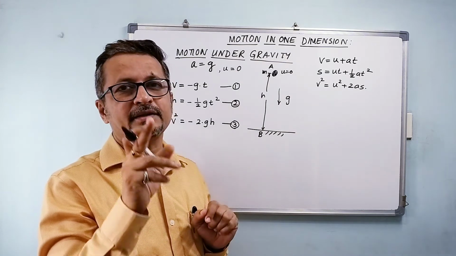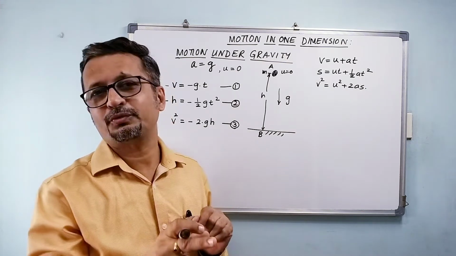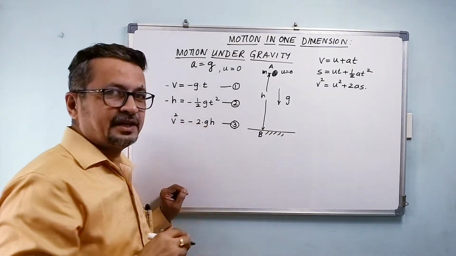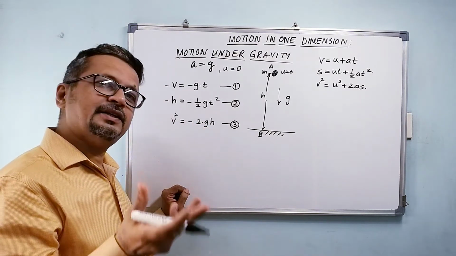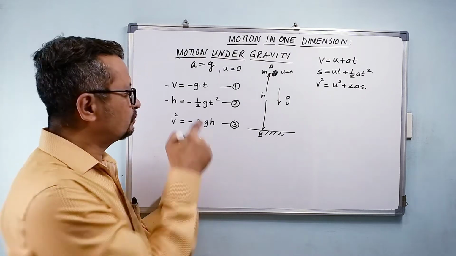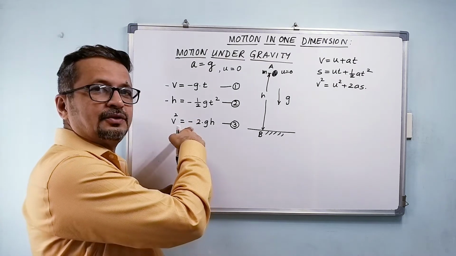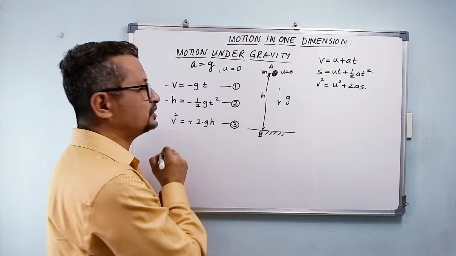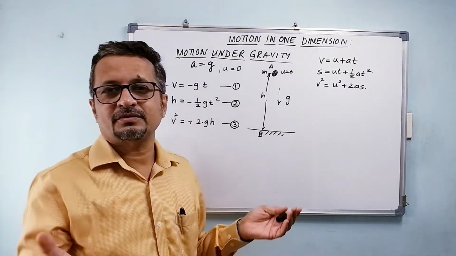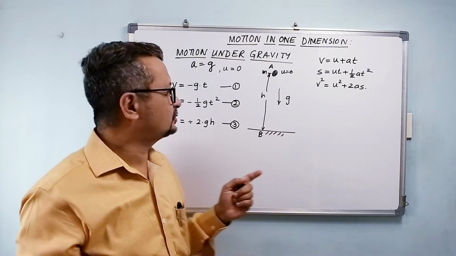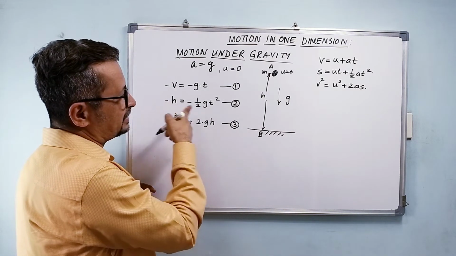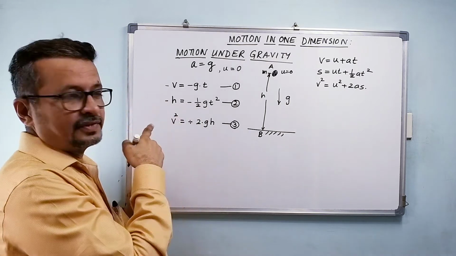It looks like there will be some problem, but there won't be, because my g is negative, but my h is also negative. So what happens to this negative sign? Negative multiplied by negative will definitely become positive, and then it works out fine. Correct? So you are putting a negative sign here and a negative sign for this g here. They are getting cancelled.